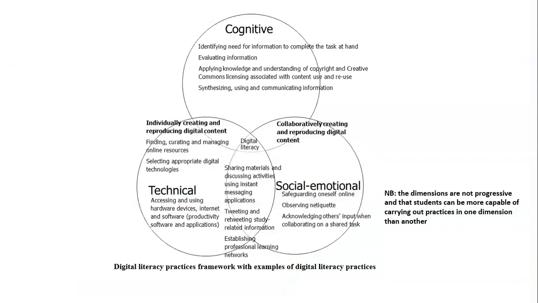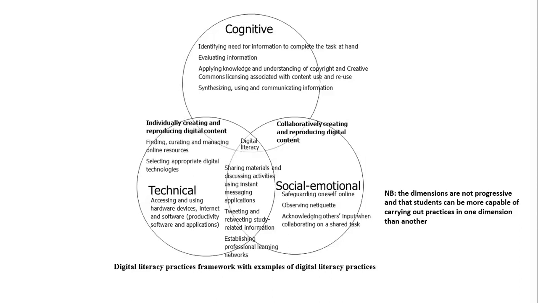So looking at this practice approach, there is this framework from the NG, and I've adapted this framework to look at the practices. Just to clarify, we often look at digital literacy as a skill, but there are also other dimensions.